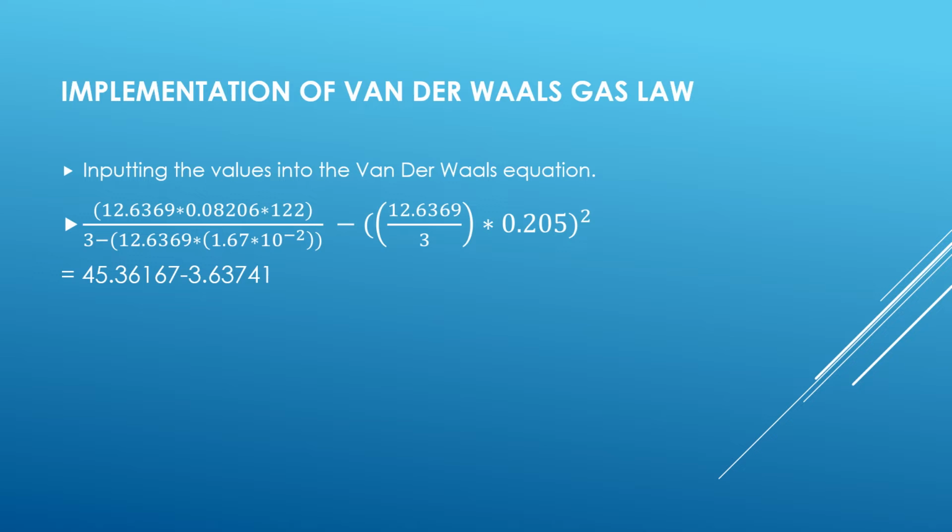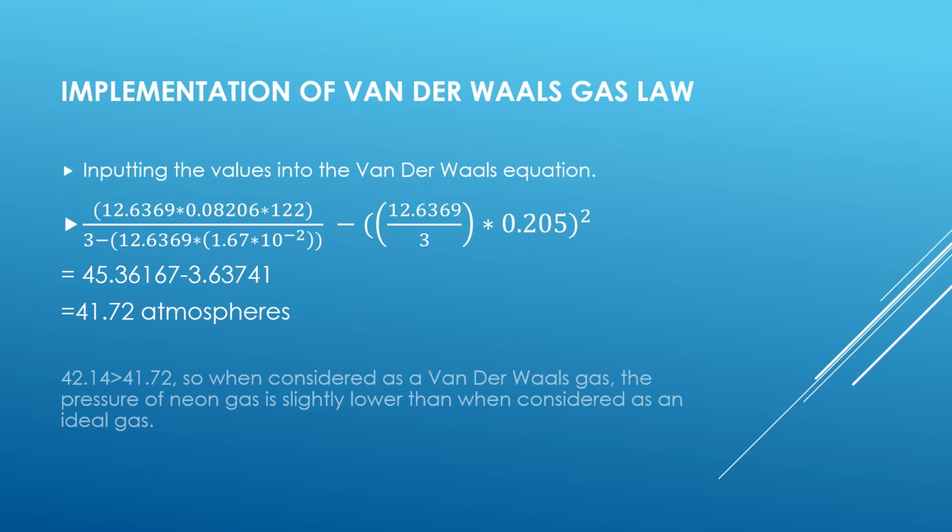So the first part of this equation is equal to 45.36, and the second part is equal to 3.67. Therefore, when treated like a van der Waals gas, the pressure is 41.72 atmospheres. Comparing this to the pressure of neon when treated as an ideal gas, there is a 0.42 atmospheres difference.